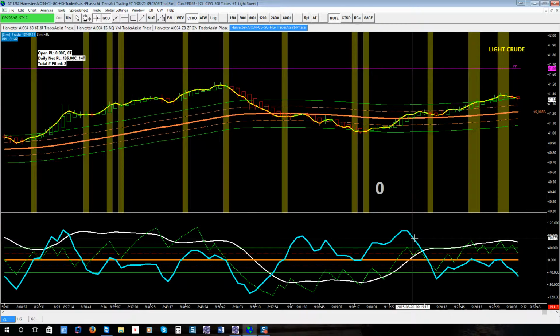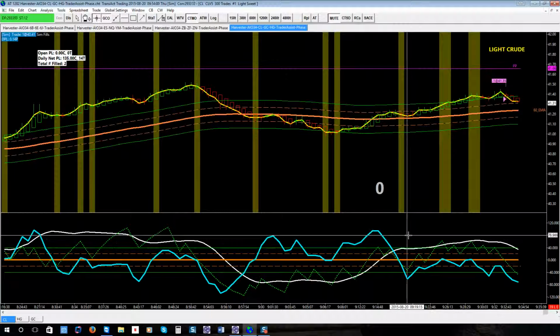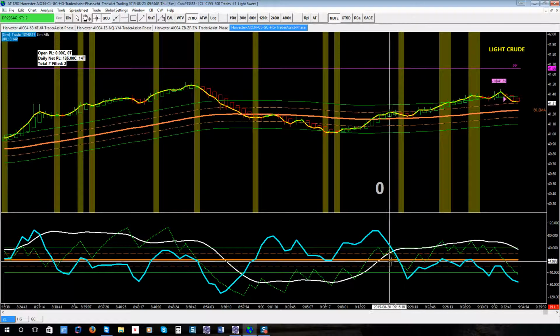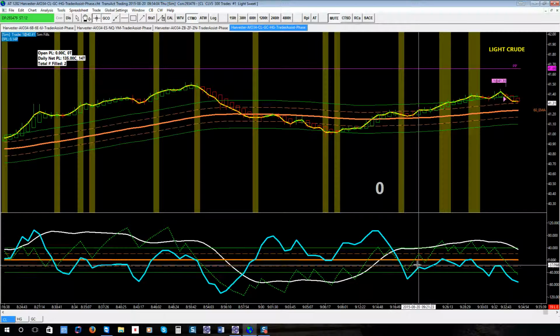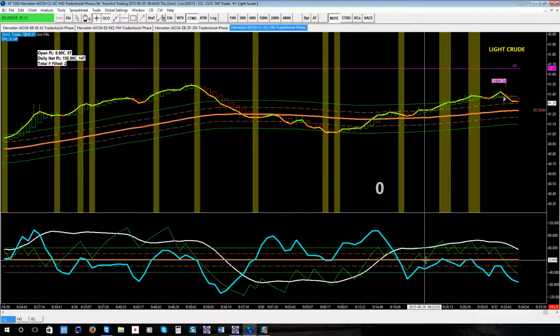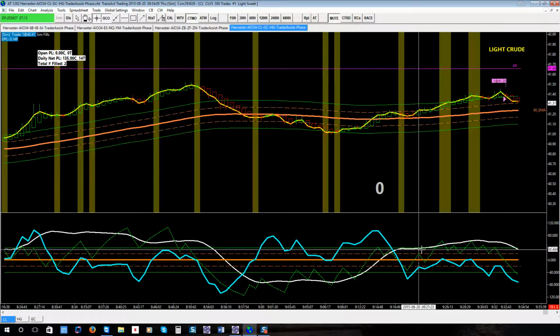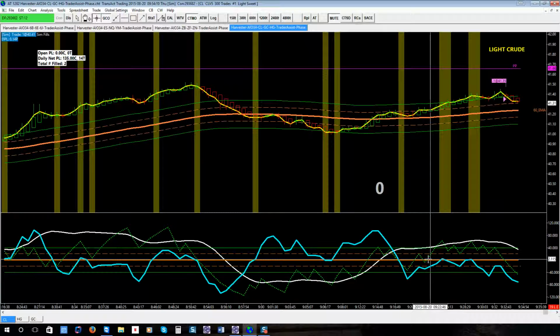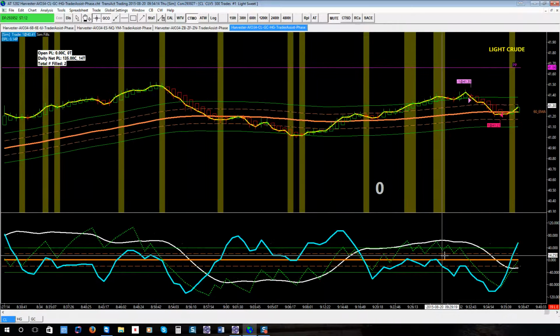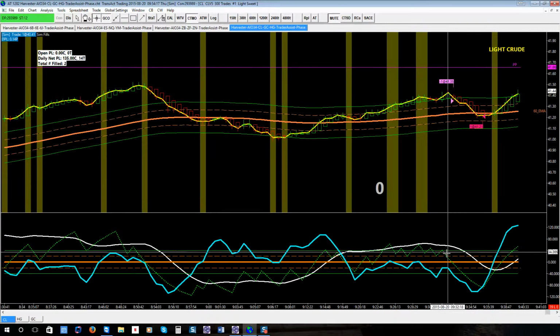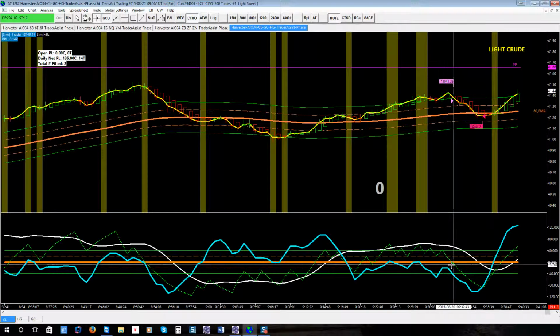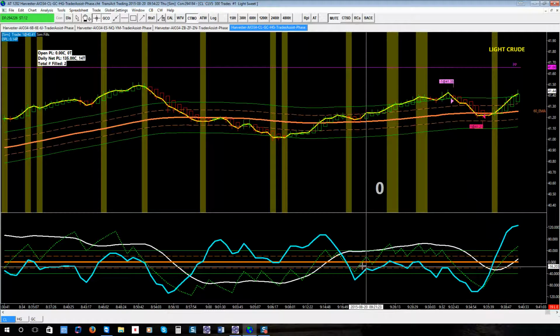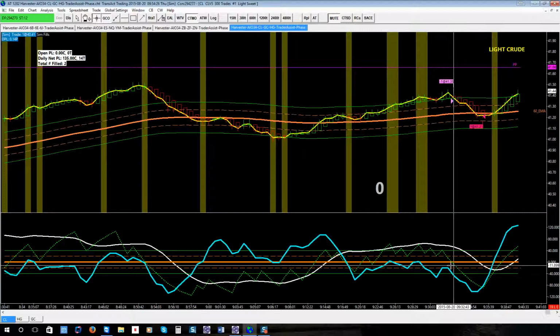Now, if we want to participate in a sustained trend, then we wait for the volume to go above the zero, and the white MACD has an upward slope, and we go take it. We stay with it until the volume goes back down through the zero, and we exit. That's the sustained trend that we had taken.